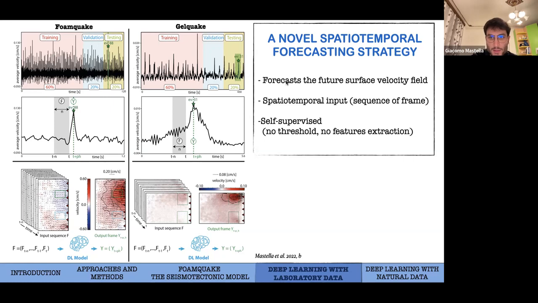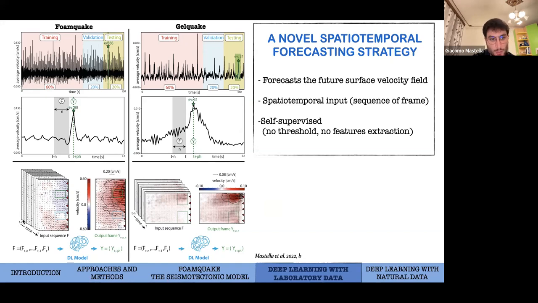Our method aims especially to forecast the surface velocity field based on past experience. To understand how the method works, we can focus our attention on this subplot here. Basically, the model works in this way.